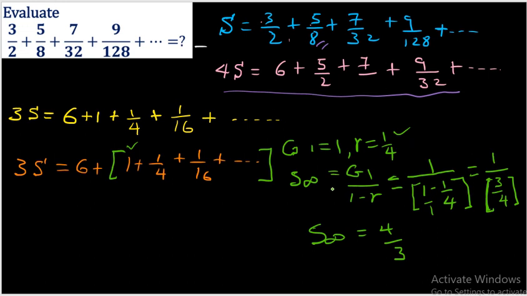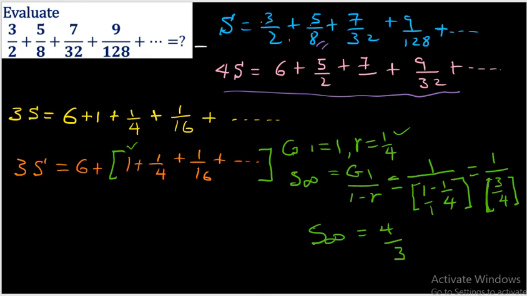The sum at infinity is g1 over 1 minus r, that is 1 over 1 minus 1/4. When you take the difference, you can apply crisscross: 1 times 4 minus 1 times 1 is 3, so it will be 3/4. Flipped, it will be 4/3.